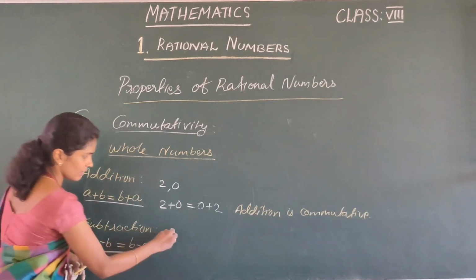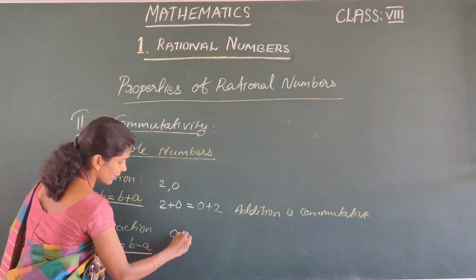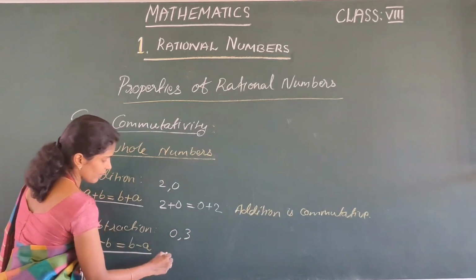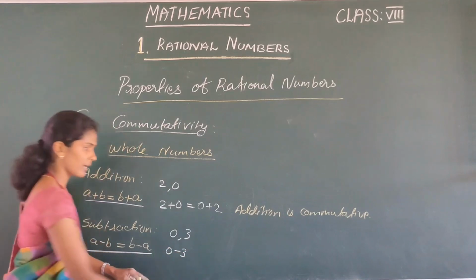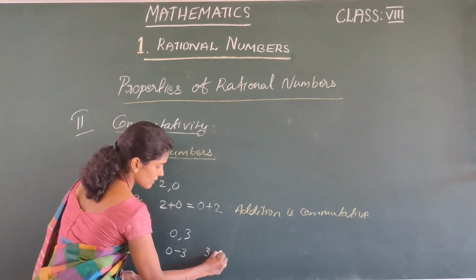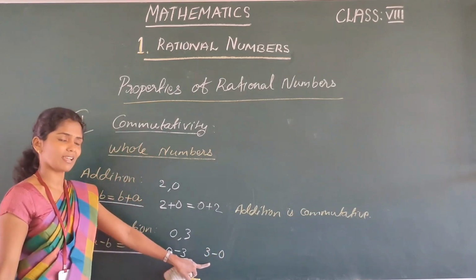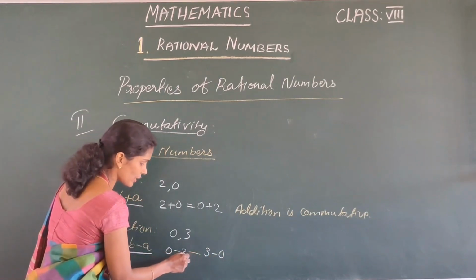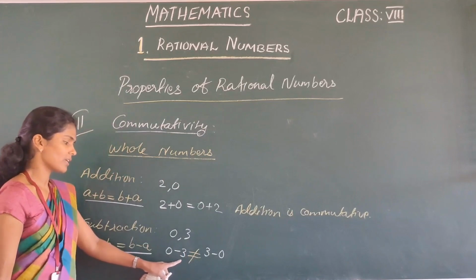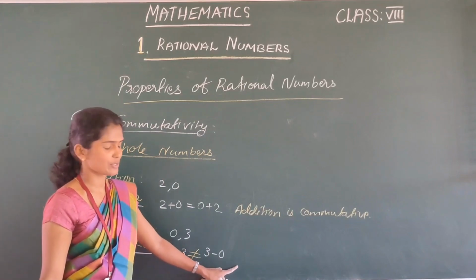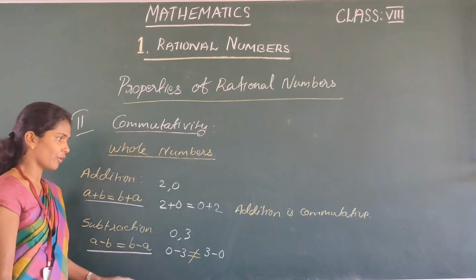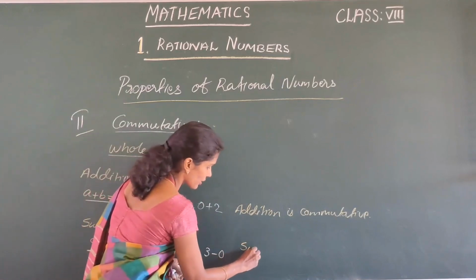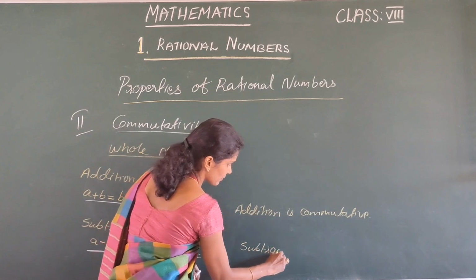We check 0 and 3. What is 0 minus 3? This is minus 3, right? What is 3 minus 0? This is 3. Therefore, 0 minus 3 is minus 3, and 3 minus 0 is plus 3. Therefore, these two are not equal. Therefore, subtraction is not commutative.